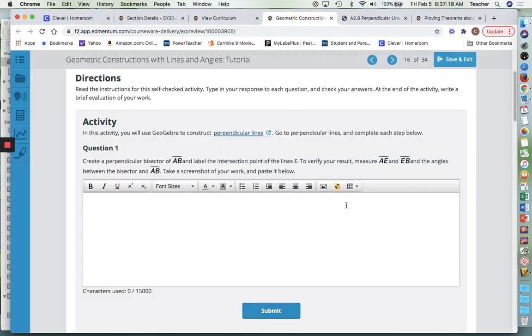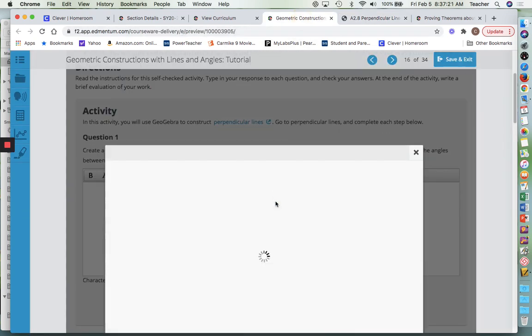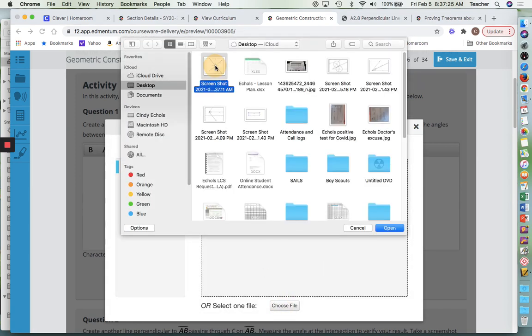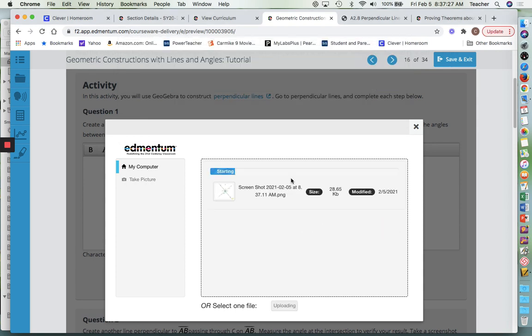And I'm going to insert image. Choose my file. Now on my computer, I've got it so it goes straight to my desktop. So I don't have to search for it. Give it a second or so and it'll pop in for us. So it's going to take its own time.